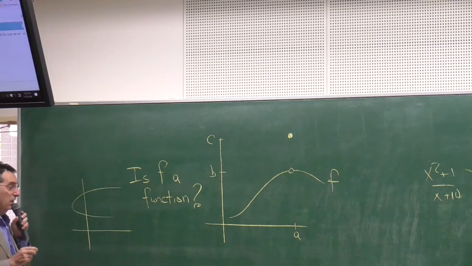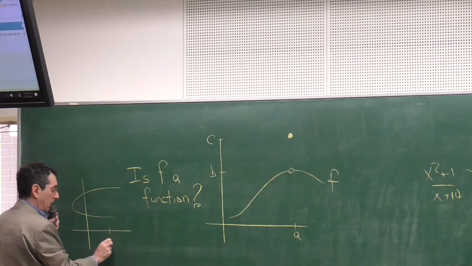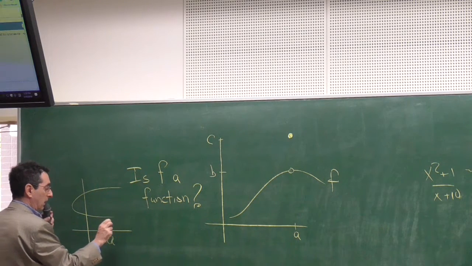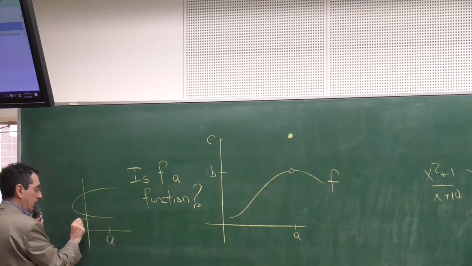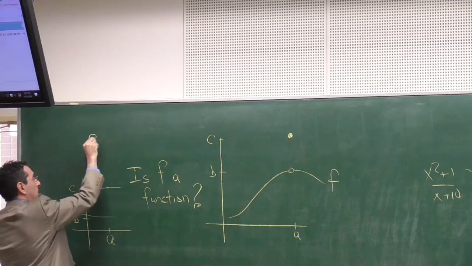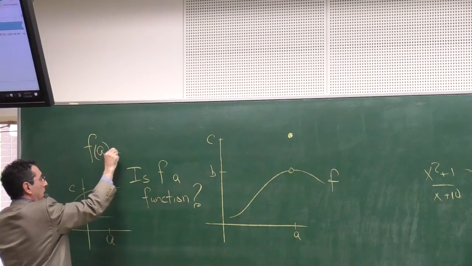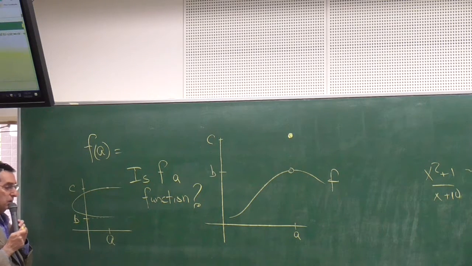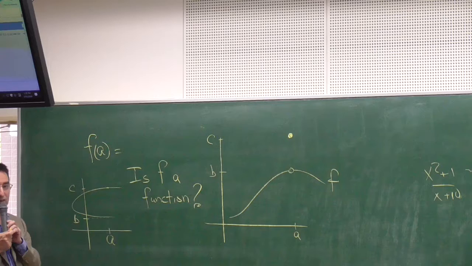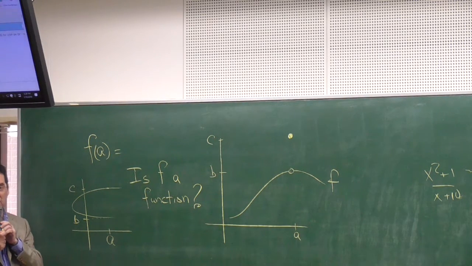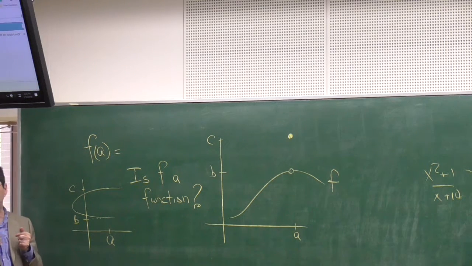Because for a function, if you have a here, let's say this height is b, and let's say this height is c. If I ask you what is f of a, what are you going to tell me? What's f of a mean? What's the height of the curve when x equals a?